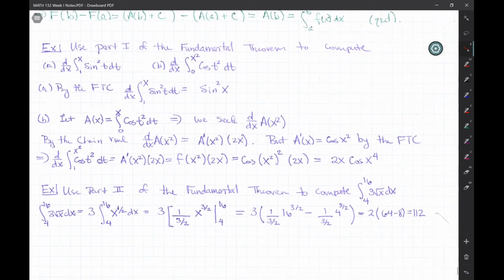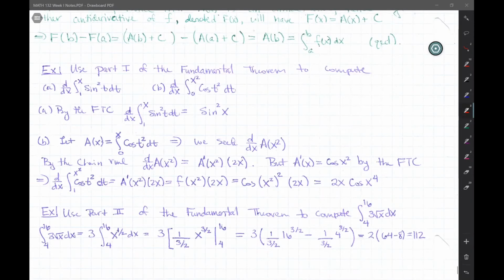So the first example is to use part 1 of the fundamental theorem in order to compute these derivatives of integrals. So let's start with a, okay? And we want to compute the derivative of this integral. Notice here that we're integrating up to this variable x, and we're taking the derivative with respect to x.